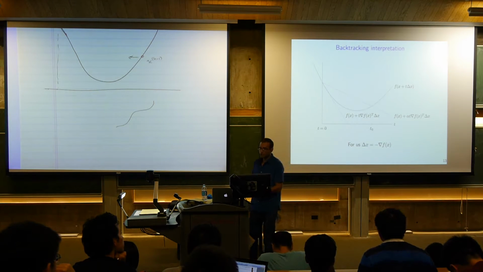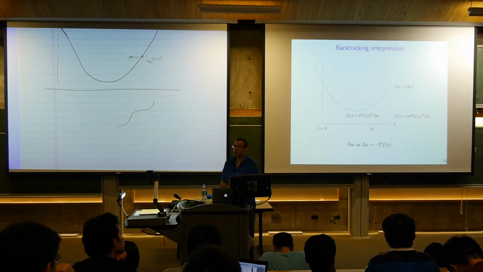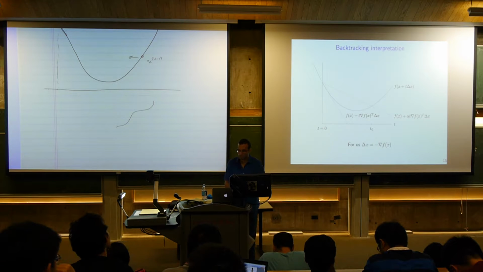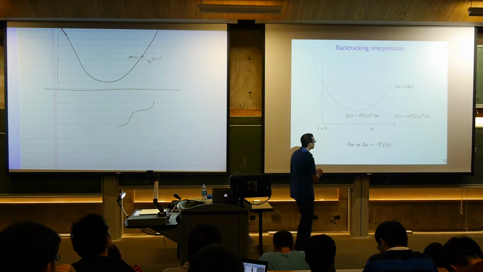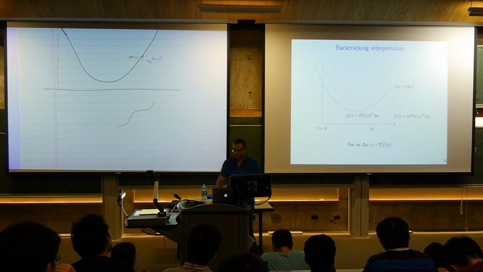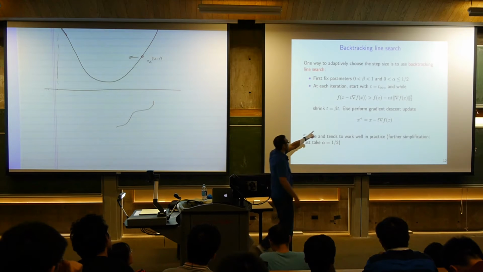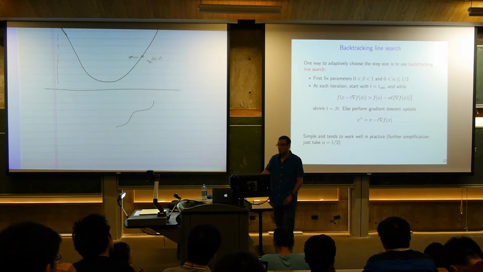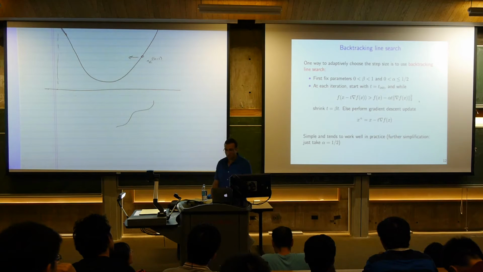If we look at the convergence analysis for backtracking, there's a particular step where we can see that this condition is going to imply that gradient descent is actually descending. But if alpha is taken to be too large, that won't necessarily be the case.